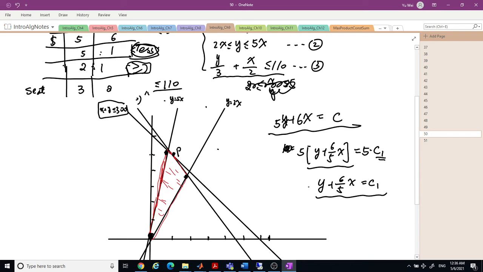We want to maximize c1. So the slope k is negative 6 over 5, which is negative 1.2.